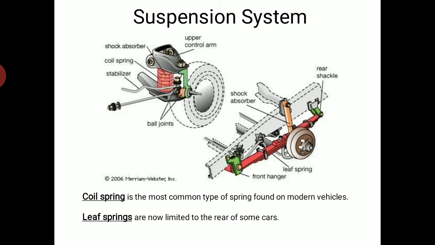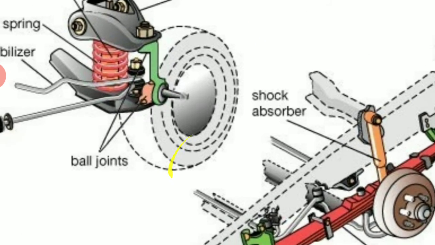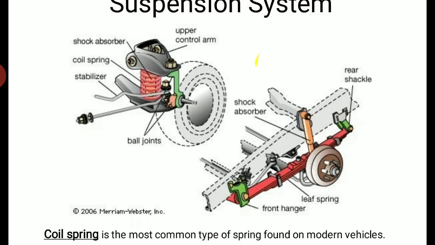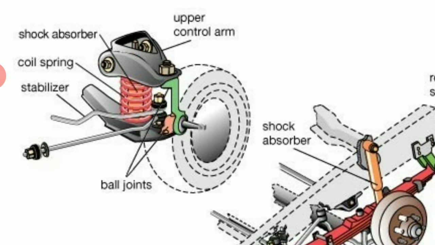In the suspension system, again there are coil springs and leaf springs. You can see the figure. What exactly is this coil spring? The stabilizer will be there, the coil spring in red color, and the shock absorber inside.